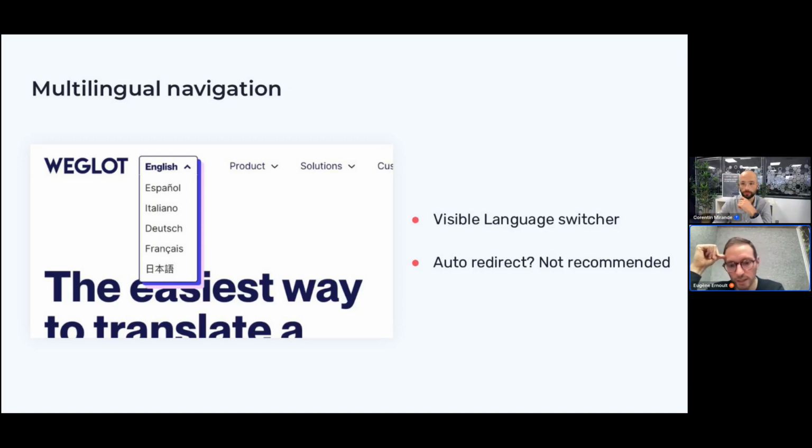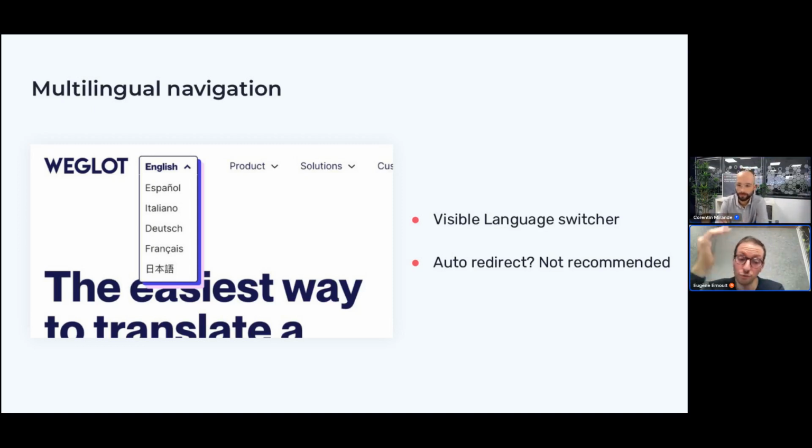I know it can be the go-to thing to do, but if it's not a country-specific version, it's just a language-specific version, don't add a flag. An American flag next to English will not work for a British person. Of course, we are used to that, and it's not a big deal, but the experience is not perfect.